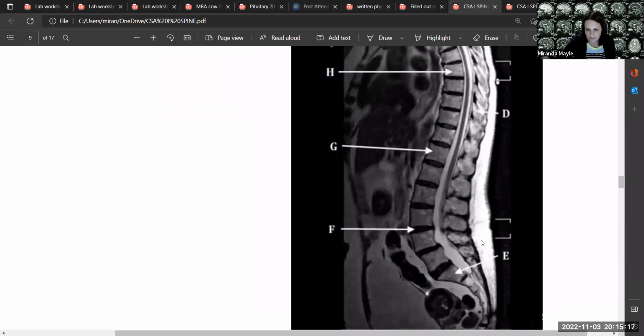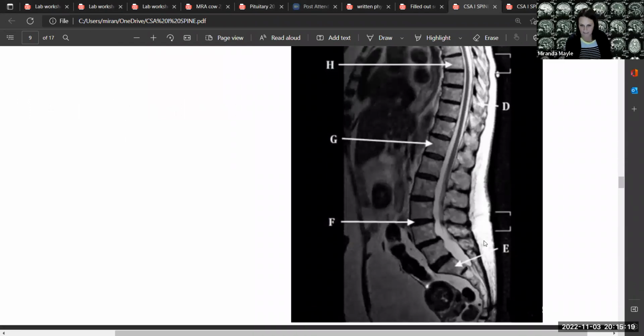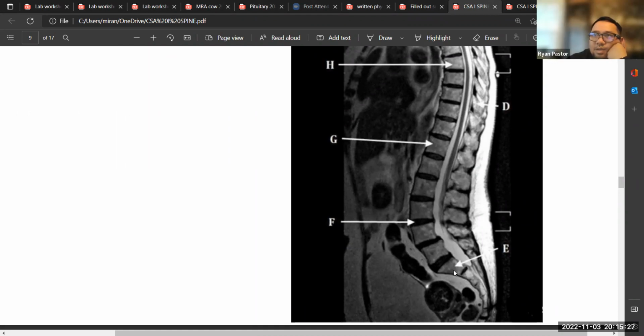All right, let's work our way down here. How about E? Who knows what this structure is? Sacrum. So it's a vertebral body and it is a sacral vertebral body. Now, which sacral vertebra is this? First. Good.